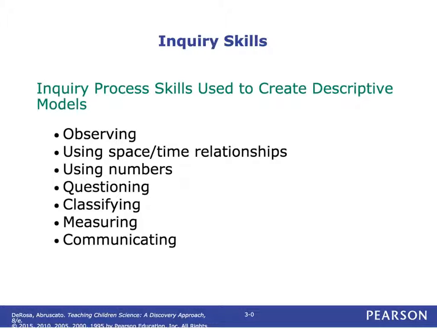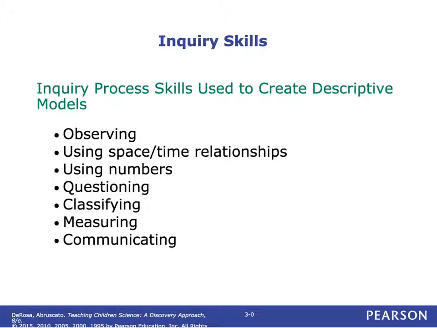Inquiry. I hate that word because it comes out of my mouth so weird. But as inquiry progresses throughout its phases, it goes through description, explanation, and experimentation. And so the skills that are associated with each one of these processes are going to be described in the last section of this chapter. So let's talk about the descriptive model.